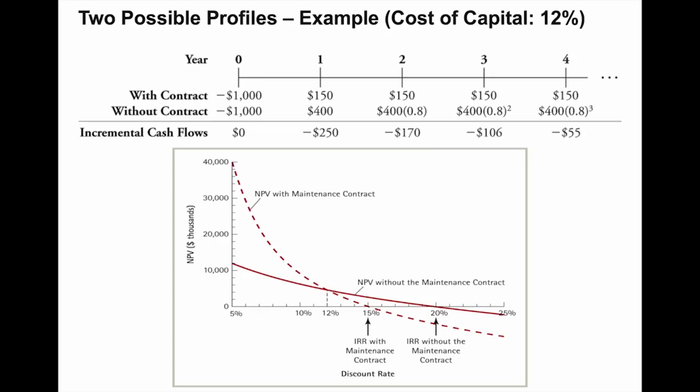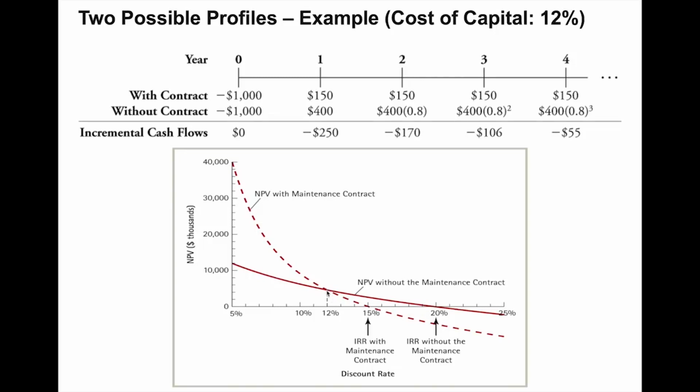If you follow both these curves, you can see that for any discount rate less than the incremental IRR, or less than the 12%, taking the contract, this one here, will give you a higher NPV than if you were to not take the contract. So you can see that this curve here is higher than the curve that shows the NPV without the contract.